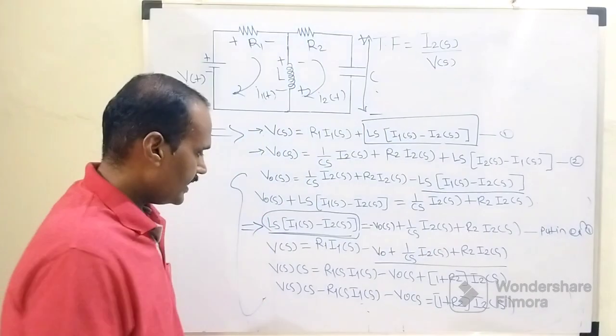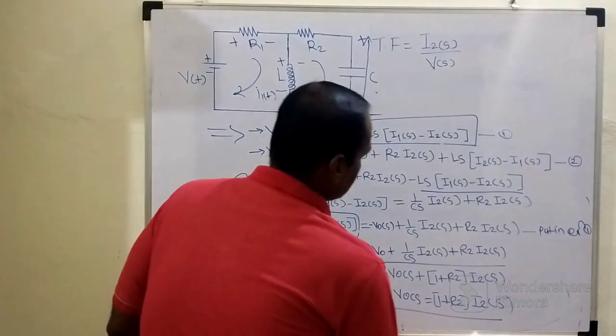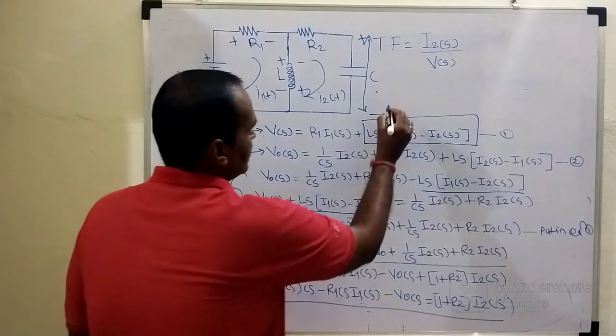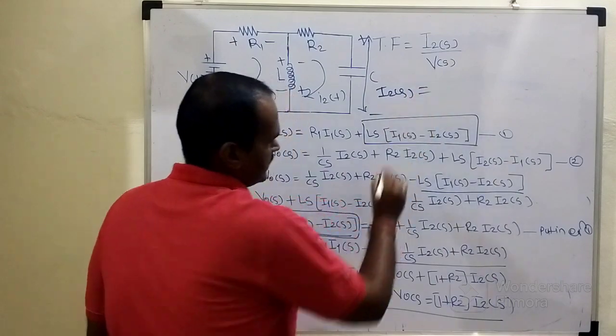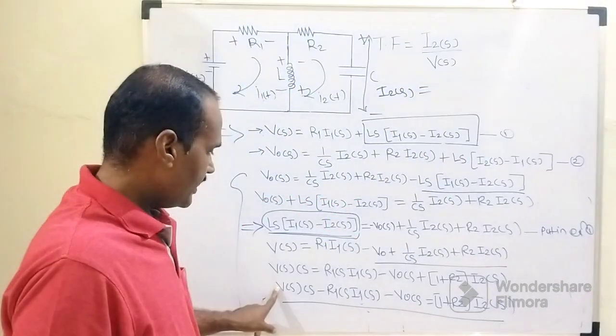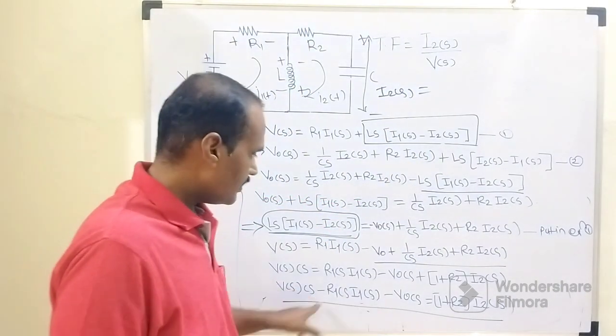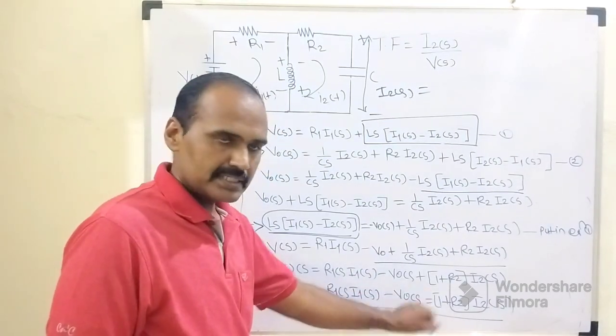In this way we are getting this system equation, and this system equation is to be rewritten in terms of I2. So it will become I2 of S equals, the numerator will become the total term which is written on the left hand side of this assignment operator.